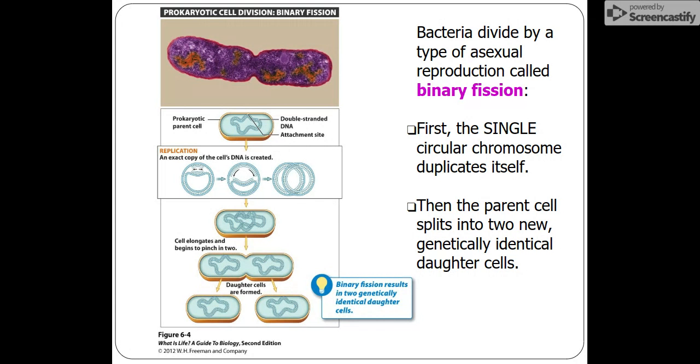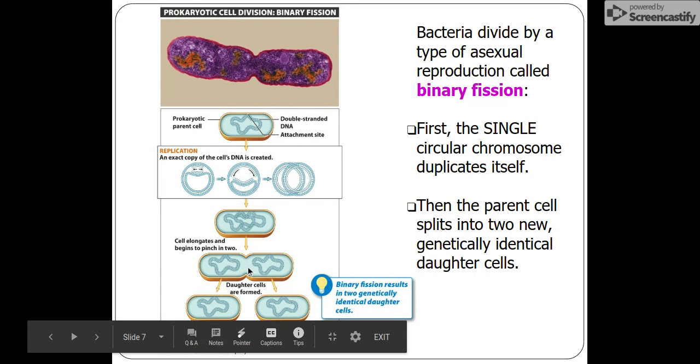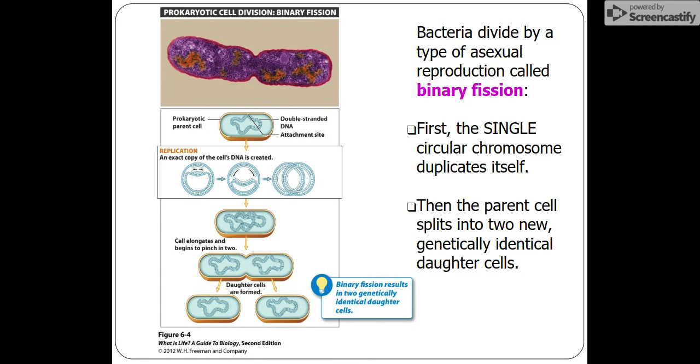It is a little bit different, though, because they have circular DNA. Then that cell gets longer, it grows a little bit, and then it pinches off so that we've got two cells that are exactly the same. And so we get this binary fission. This is our reproduction within things like bacteria. So we result in two cells that are genetically identical to one another.